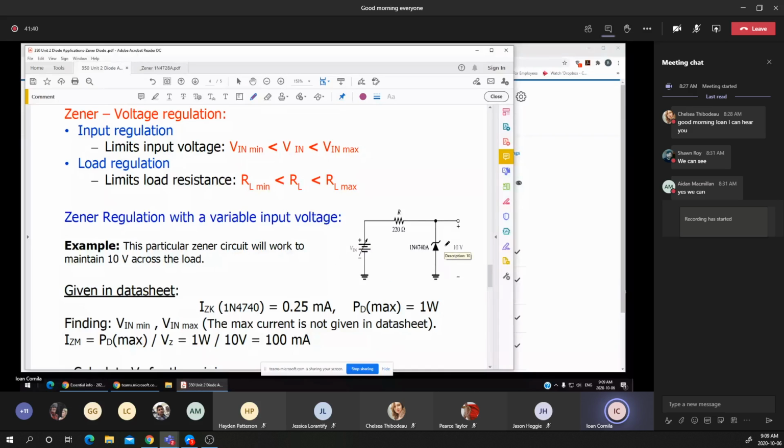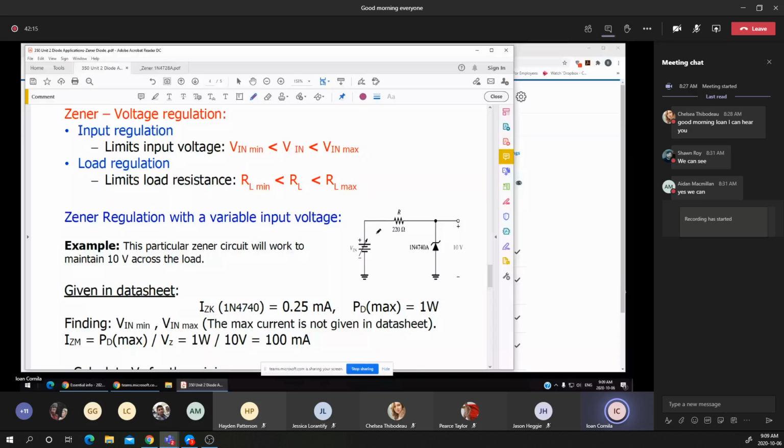Zener diode. I will show you a bit later, probably at the end of this course, the specs or parameters of a diode which looks like this Zener diode. This Zener diode has a VZ of 10 volts, meaning that a constant voltage is maintained on the load or on the resistance that may be connected across the Zener diode.